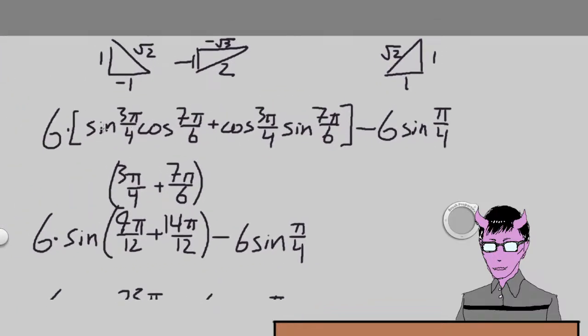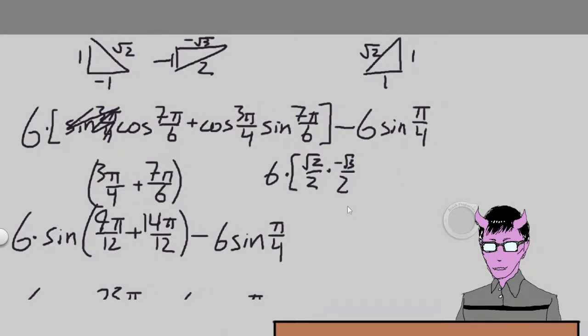So getting to evaluation, of course, we have the 6 times what? Inside the brackets first, we have sine of this one, which is root 2 over 2. Cosine of that one is negative root 3 over 2. We have a plus.